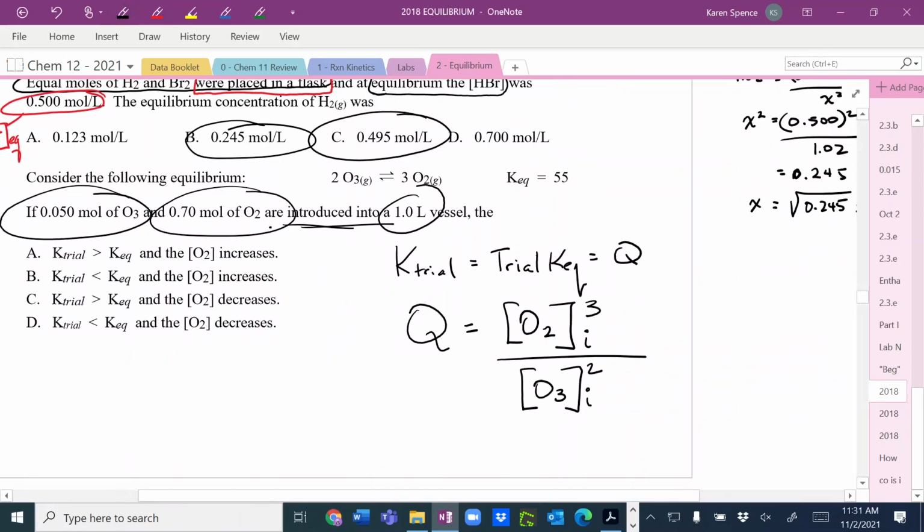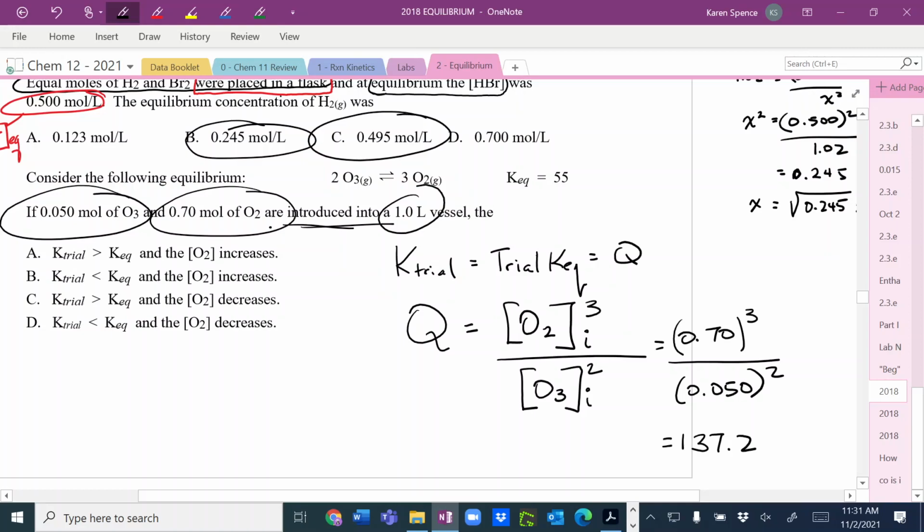So O2 is 0.70 molar, and in fact I'll get rid of the molar because KEQ or Q does not have a unit. And we have 0.05 O3 squared. 0.7 cubed divided by 0.05 squared equals 137.2.